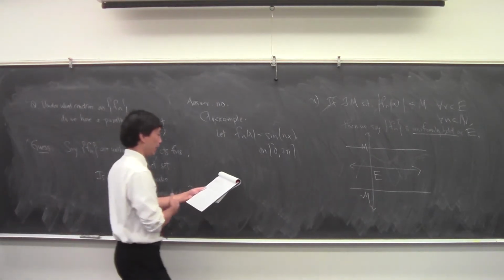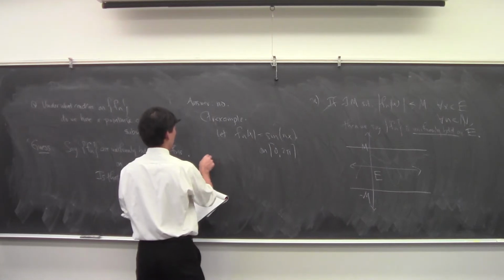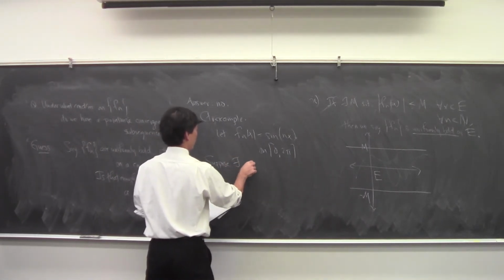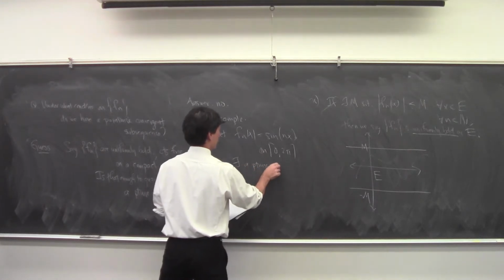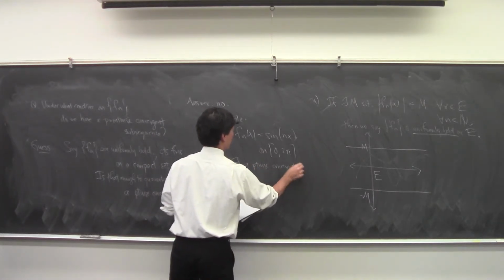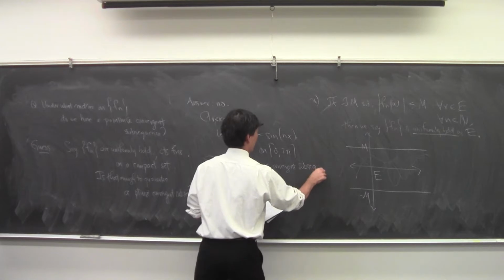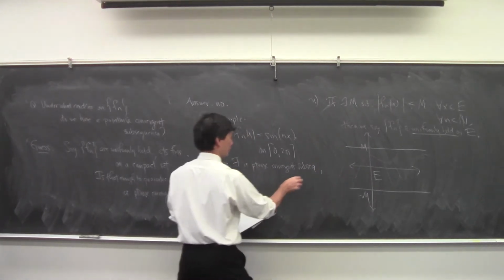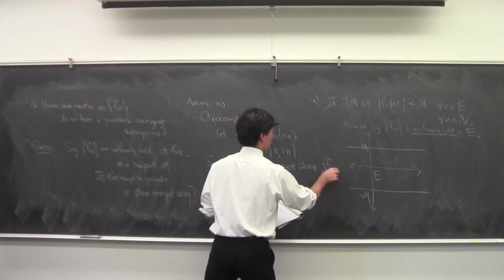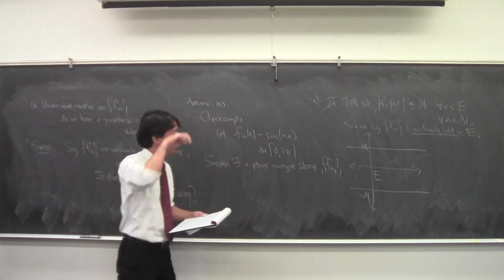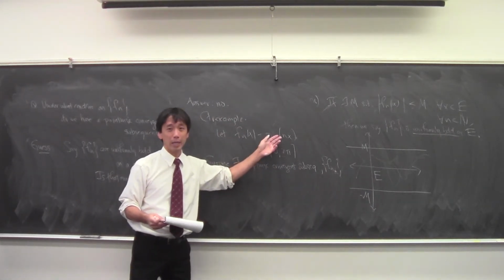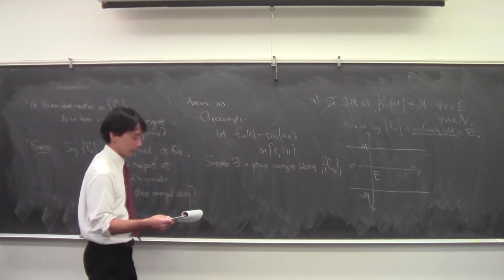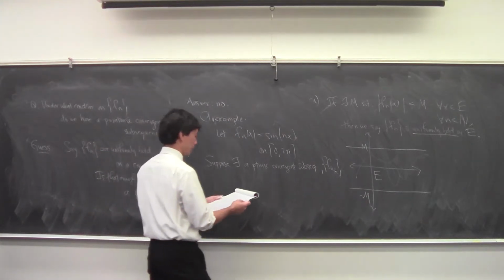Okay, but suppose there existed a pointwise convergent subsequence f_{n_k}. So you were able to choose some frequencies, and you're hoping that those frequencies are going to get you convergence.